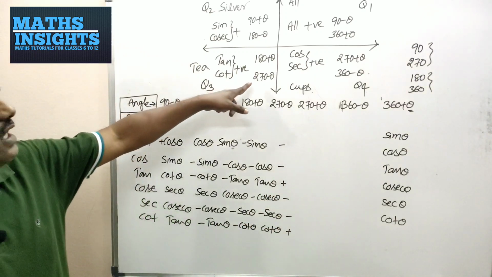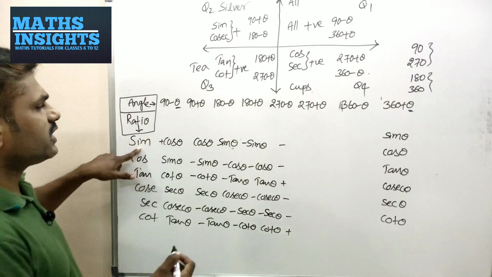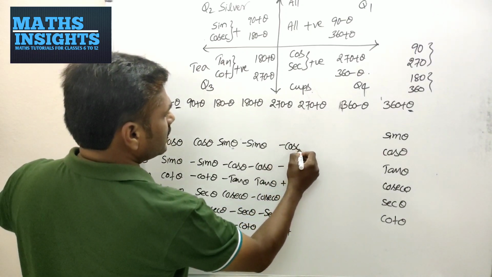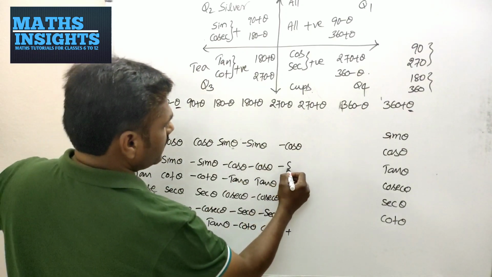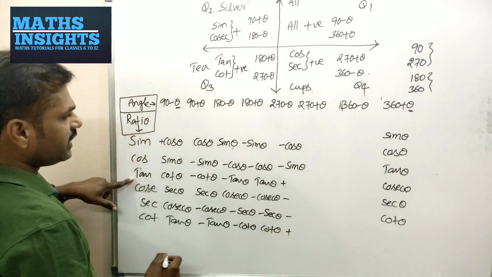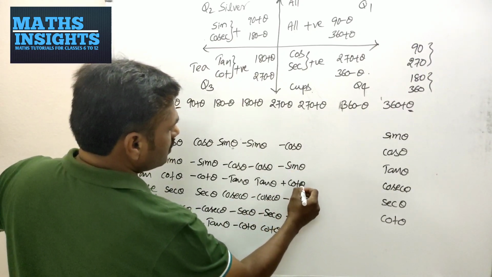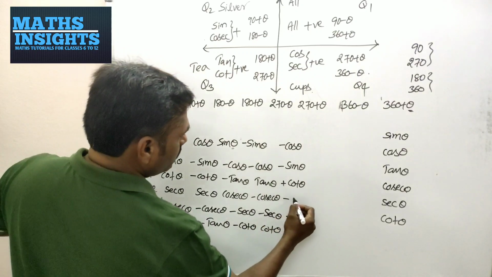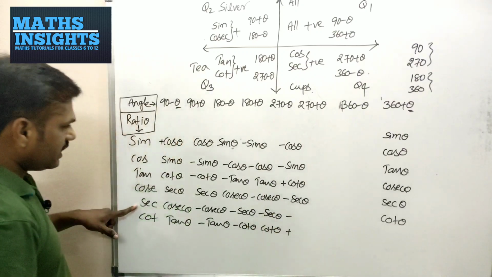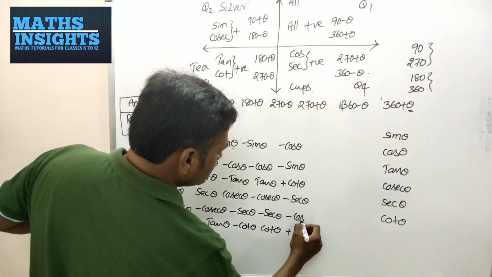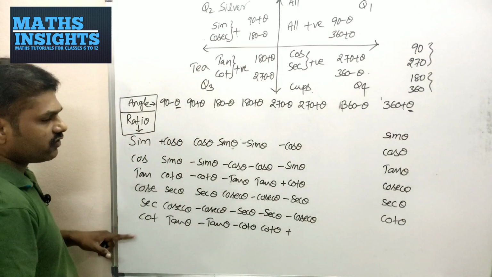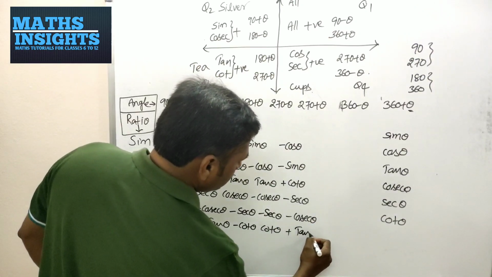So you are dealing with 270, therefore sine will become cos, cos will become sine, tan will become cot, cosecant will become secant, secant will become cosecant, and cot will become tan.